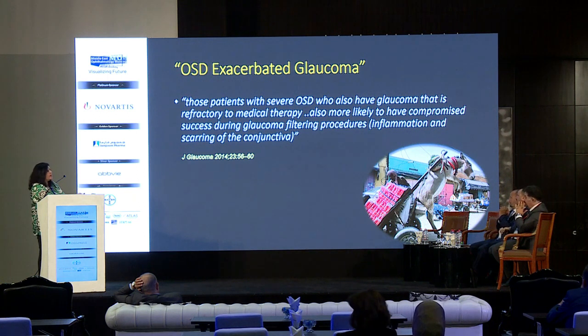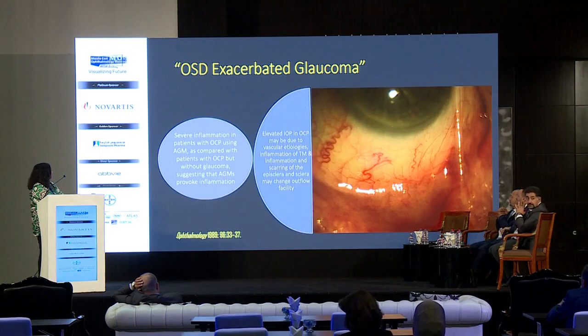Even patients who are undergoing MIGS are not immune to it. So severe inflammation in these patients has been seen with or without anti-glaucoma medications, and those who have been on multiple medications, they have excessive amount of inflammation.